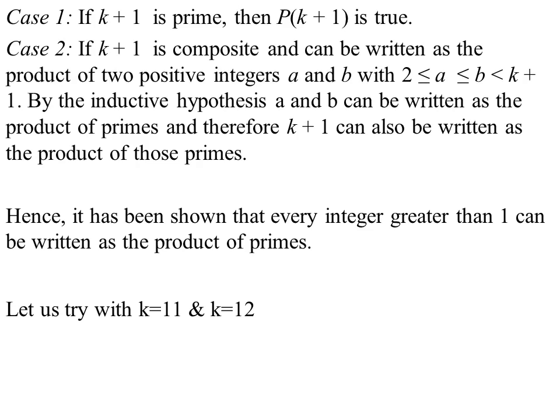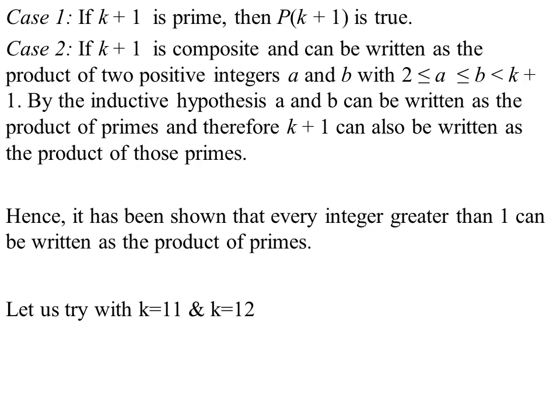Now let us try by taking two examples. First, let us consider k equal to 11. Now k plus 1 will be 12. 12 can be expressed as a product of two positive integers in two ways. In the first way, it is 2 into 6.